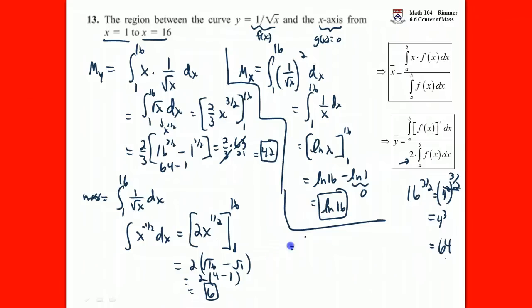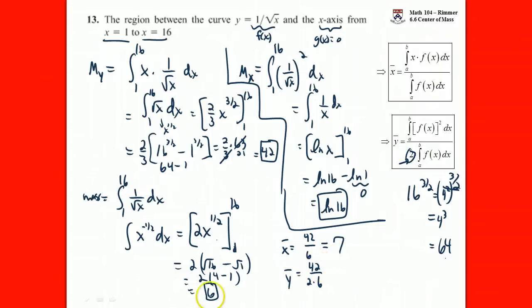X bar is going to be 42 over 6, more commonly known as 7. And y bar is going to be 42 over 2 times 6, because it is 2 from this formula.